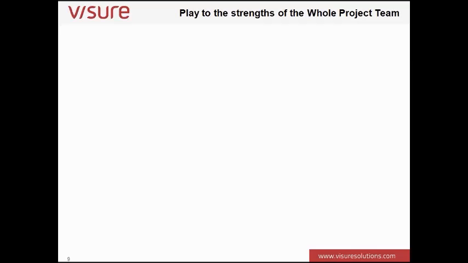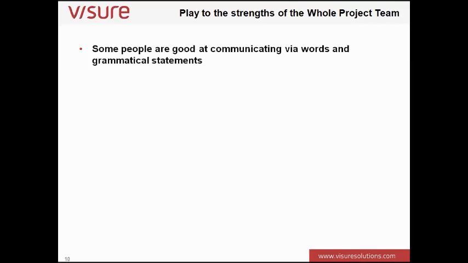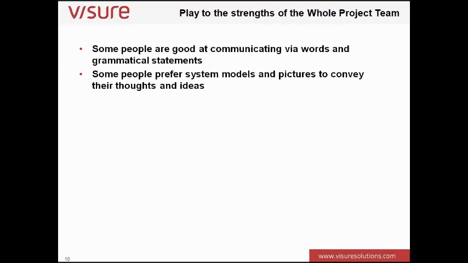And of course, what is important here is that we maintain real-time synchronization between my world of words on the left-hand side and the output from my model on the right-hand side. But it's important here that we play to the strength of your whole project team. Now, the reality is that some people are really good at communicating via words and grammatical statements. And that is their forte. They love words. But the brutal reality is some people actually are not so good at words.